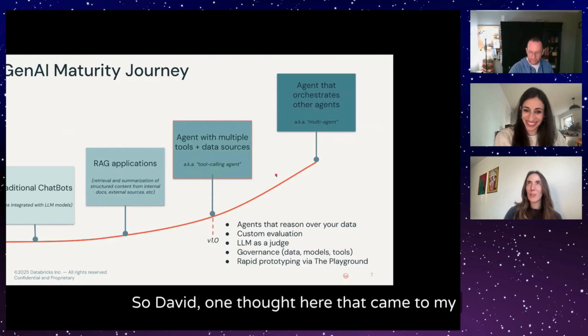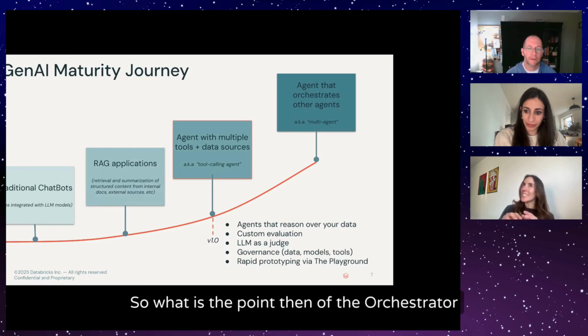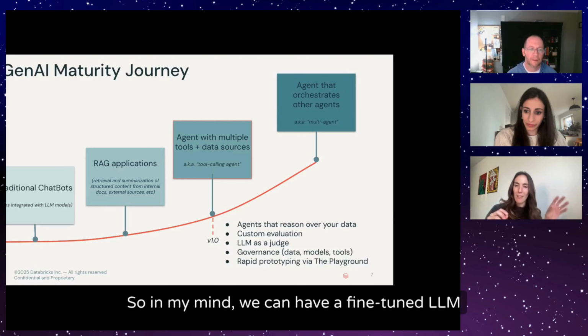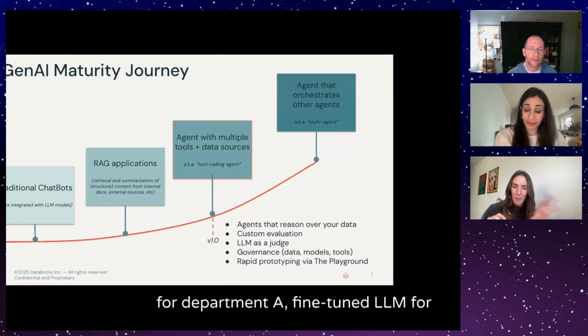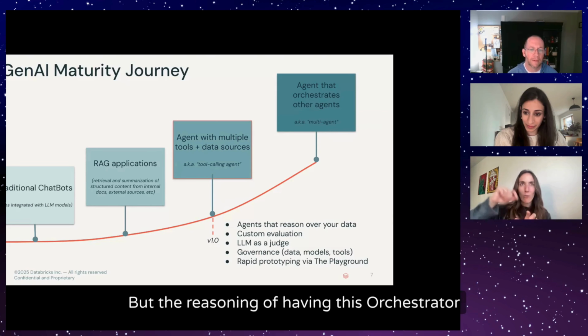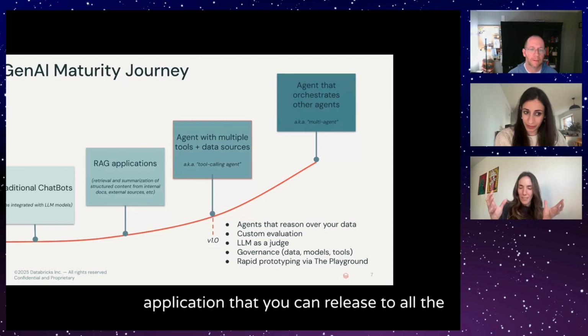So, David, one thought that came to my mind as you were discussing this. What is the point of the orchestrator LLM? In my mind, we can have a fine-tuned LLM for department A, a fine-tuned LLM for department B. But the reasoning for having an orchestrator LLM is that you can have a unified application that you can release to all the departments.